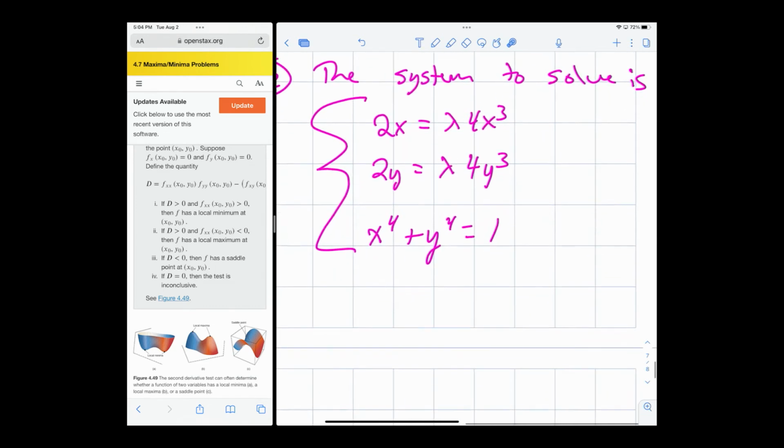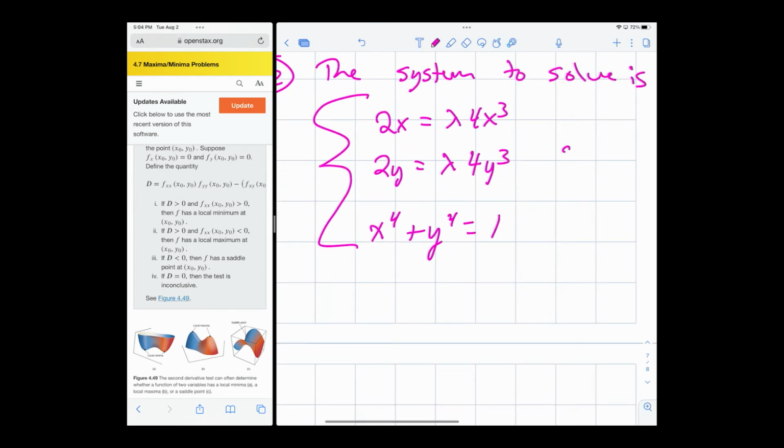Like you can't just go 2x equals lambda 4x cubed, knock an x off both sides and have 2 equals lambda times 4x squared, because when you divided the x off that way, you're saying that x is not 0. So you have to worry about that case.